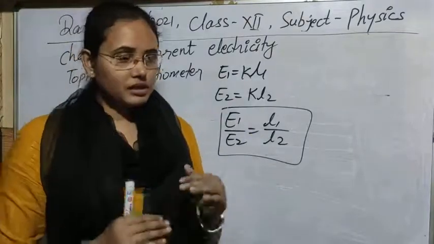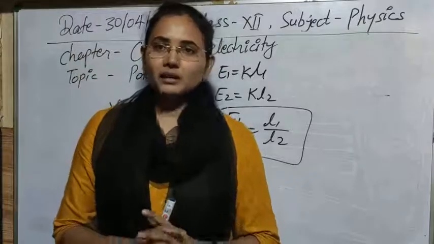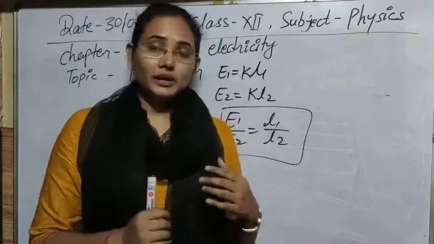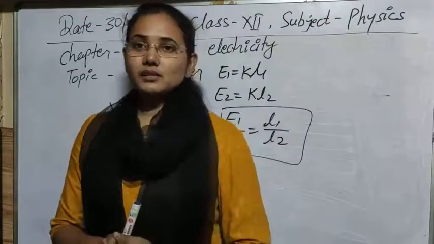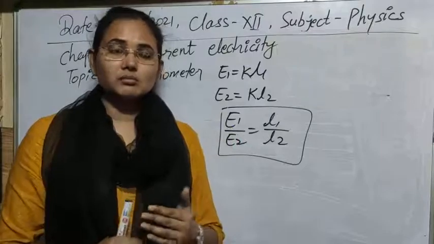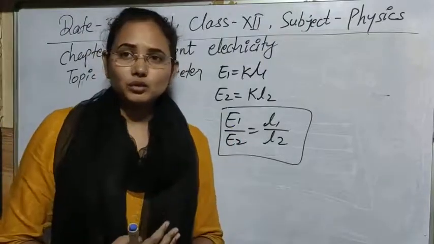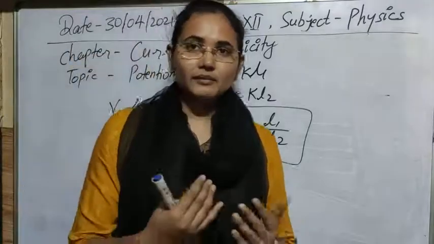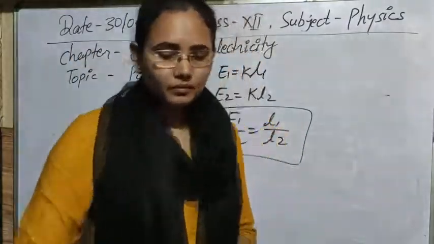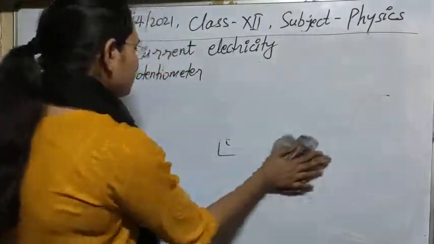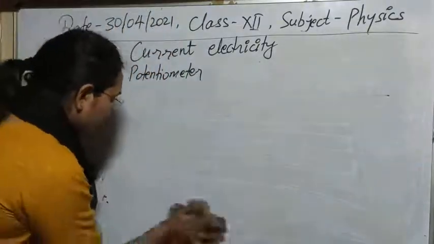So the sensitivity of the potentiometer is also better. We can measure small potential differences, and even small resistances, with this. So this is a more accurate, more sensitive, and easier method to find the value of potential difference. I think, students, the potentiometer, its concept, its principle, and its uses are now clear to you.